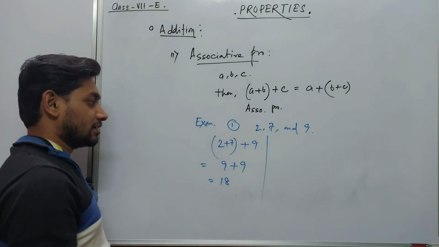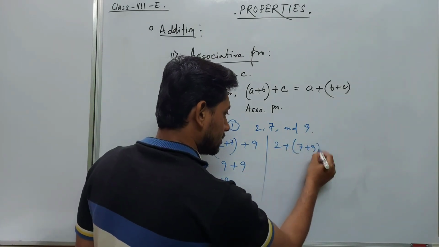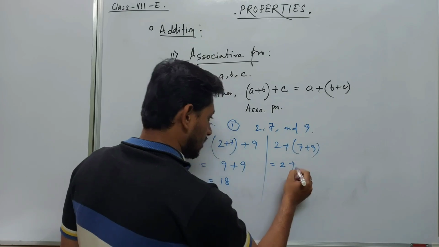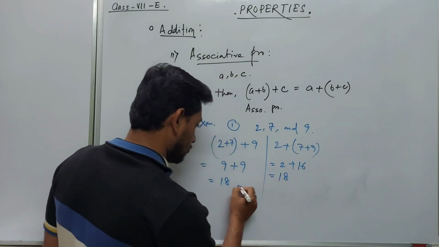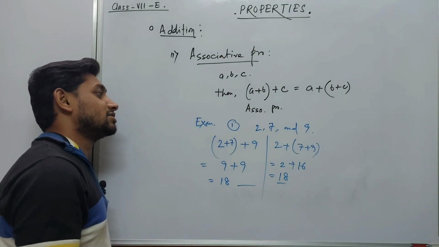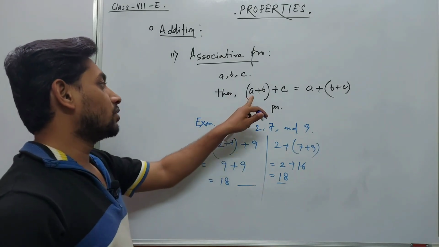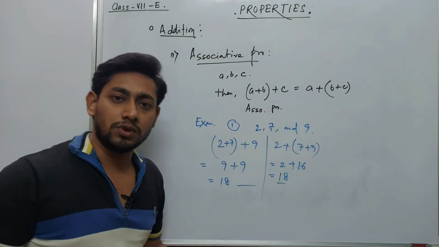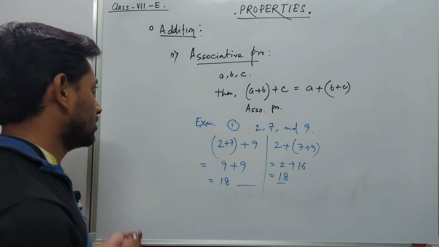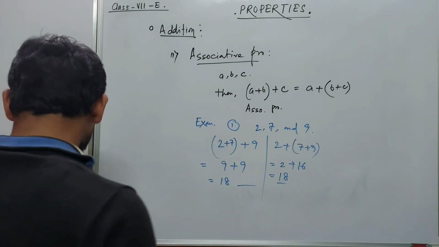Similarly, if we take 2 plus (7 plus 9), 7 plus 9 is 16, so 2 plus 16, the answer is 18. Both are equal. This is called the associative property, and you have to write the property (a plus b) plus c is equal to a plus (b plus c). Is this clear to you?